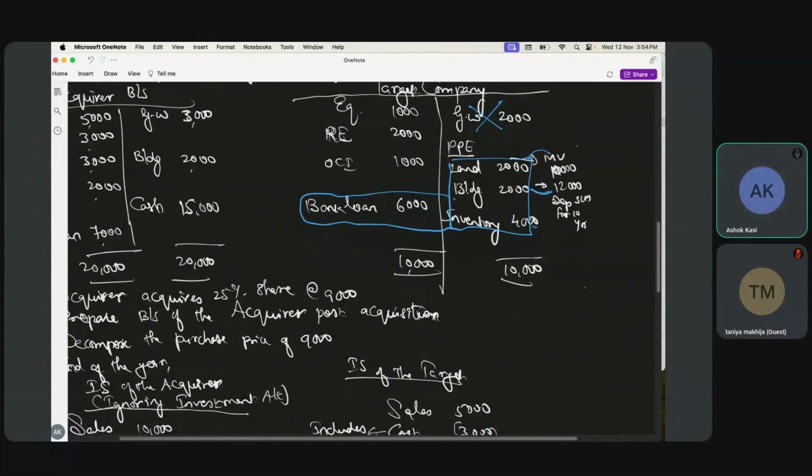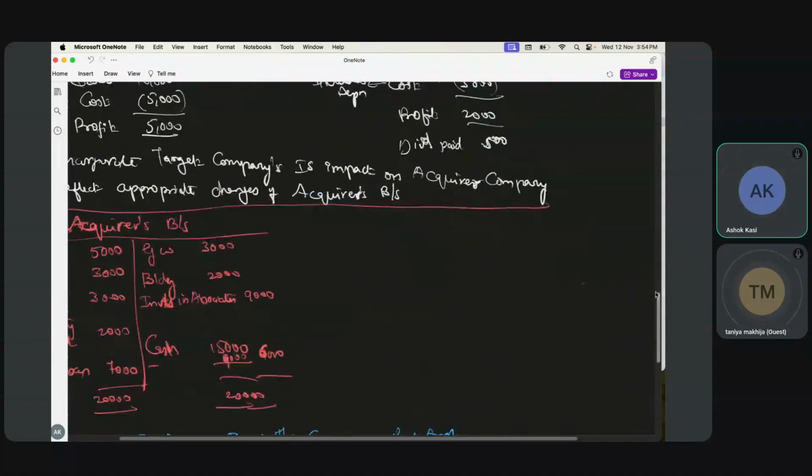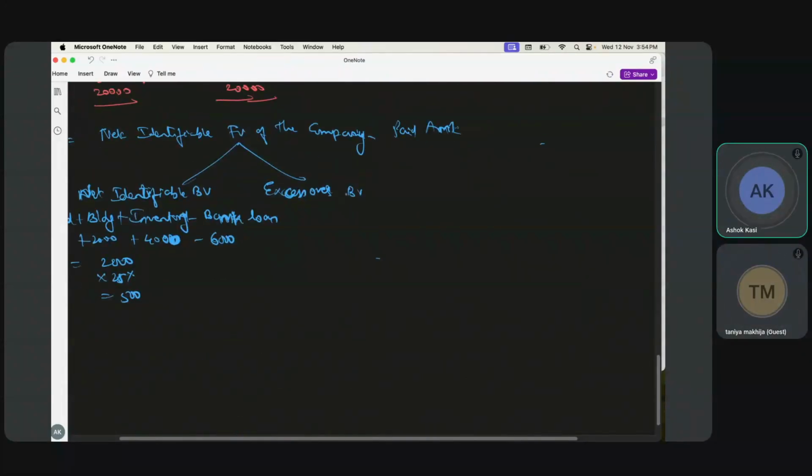Land is 8,000 extra, and building is 10,000 extra. So we are paying market value, and we will calculate based on the market value. Overall extra is what? 18,000.